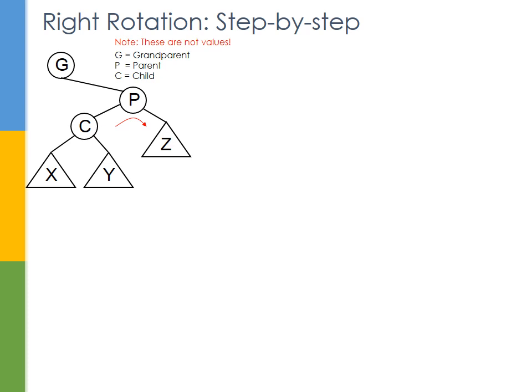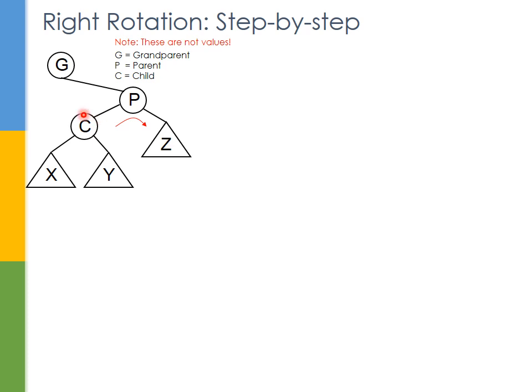So we've looked at how a right rotation works in terms of how it moves nodes around. So let's now look at how we would practically implement this kind of rotation in terms of the references between nodes in the tree. So here we have three nodes, G, P, and C over there. Now it's important to note that those letters don't represent values within the tree.